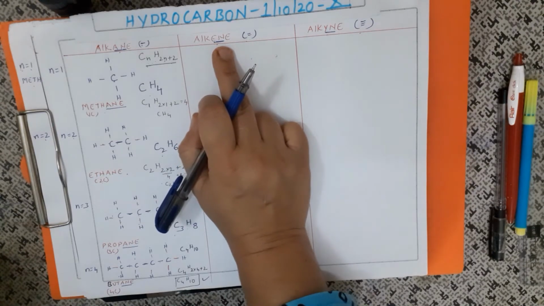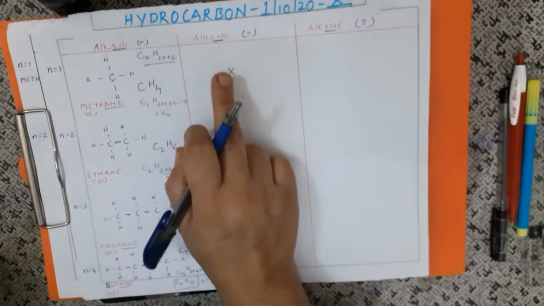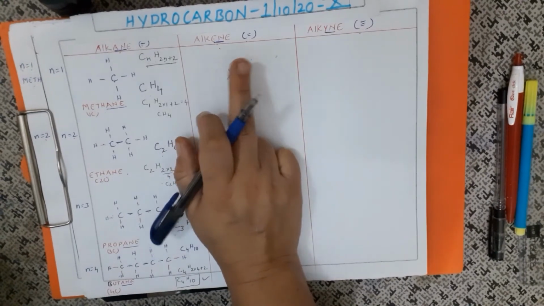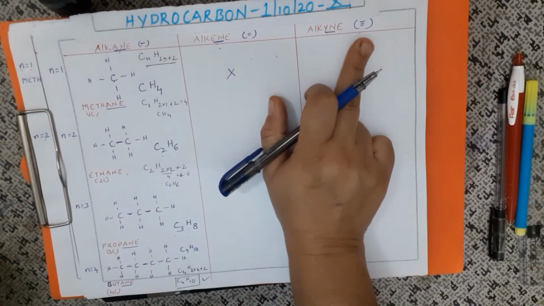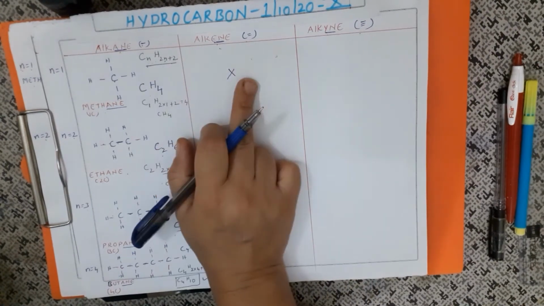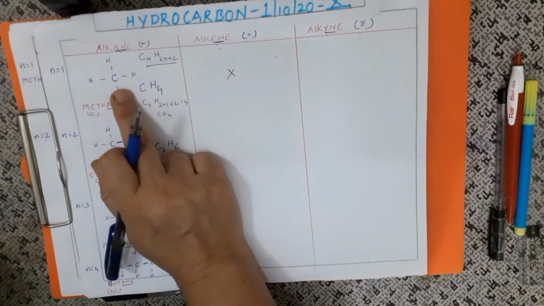As we discussed earlier, children, in what are we talking about the bonds? We are talking between carbon and carbon, whether it is a single bond, a double bond, or a triple bond. Since I said a double bond between carbon and carbon, can I expect an alkene of the meth group? No, certainly not, because a single carbon cannot show a double bond.